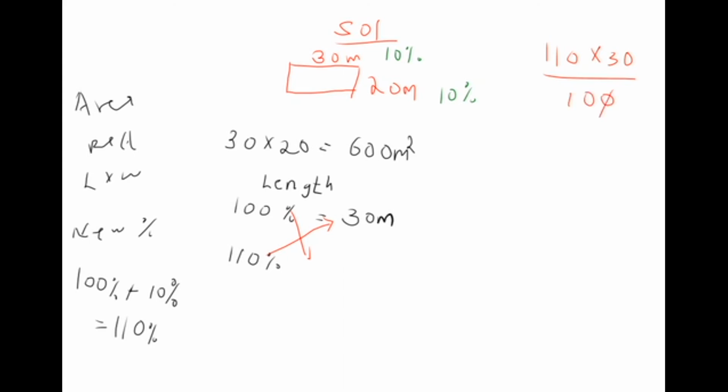This 0 will cancel with this 0. This 0 will cancel with this 0. 11 times 3 will give us 33. Now, after the increase, these are the measurements of the rectangular plot. Now it will be 33 meters.